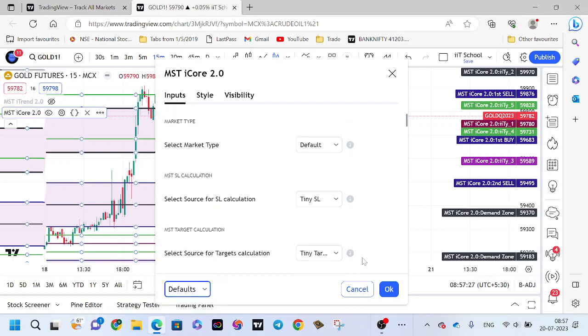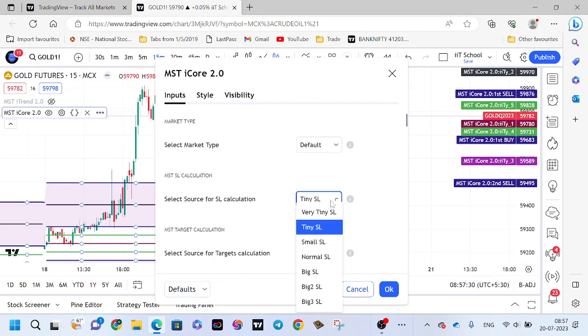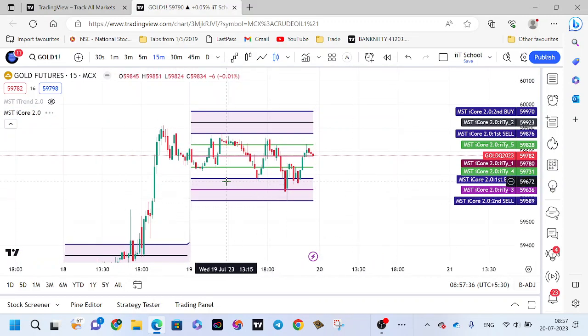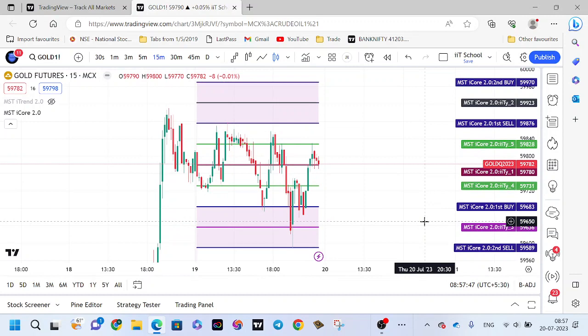For gold the numbers are very big, so I am keeping it very tiny. Yesterday what happened? See the high, 59,878 is the high made. What is our entry? 59,876. So perfectly our sell entry got activated.